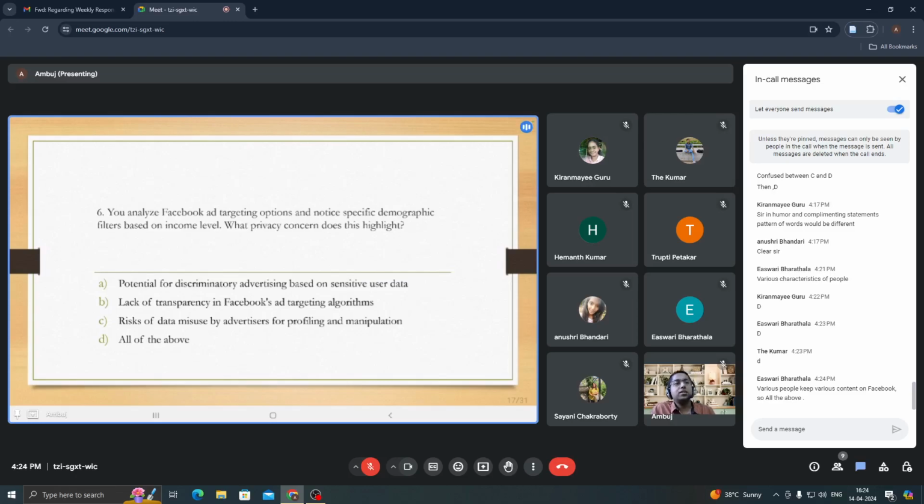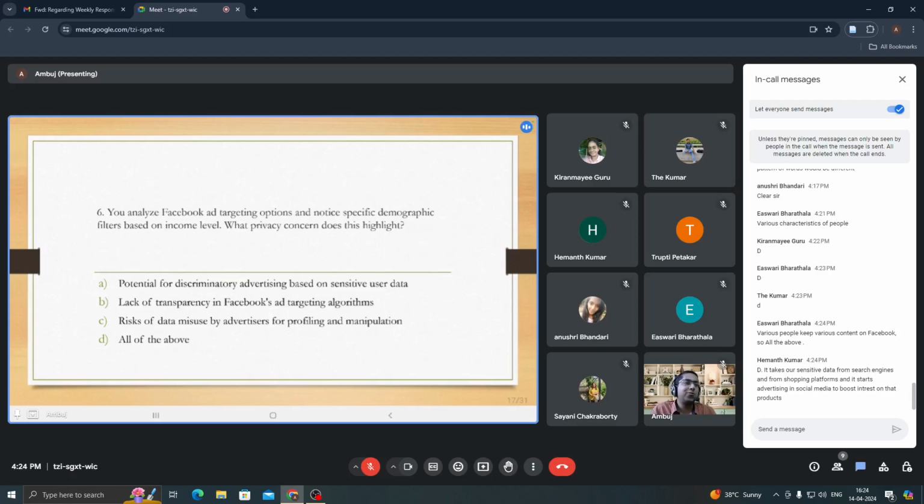Okay, very nice. Read the statement first. What you have written: various people keep various content on Facebook. What is the meaning? What can I interpret? Sometimes I feel that some NLTK package is required for your comments also, so that they are made more meaningful.